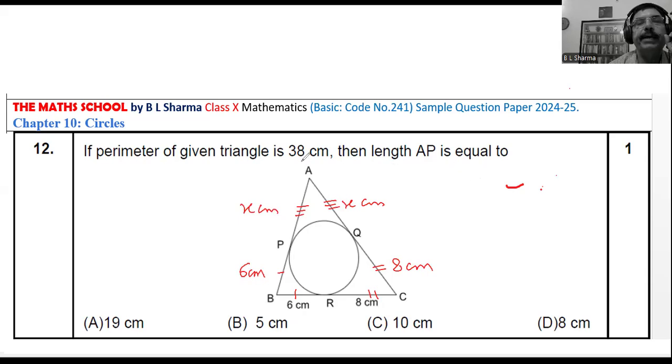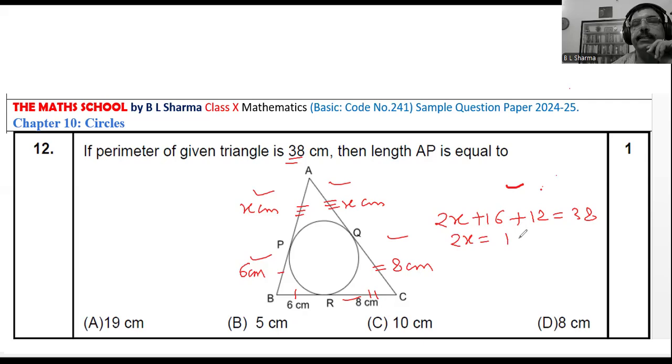But it is given that the perimeter is 38 centimeter. You add all the sides, so X and X, 2X, 8 and 8, plus 16, 6 and 6, and that perimeter is 38 centimeter.